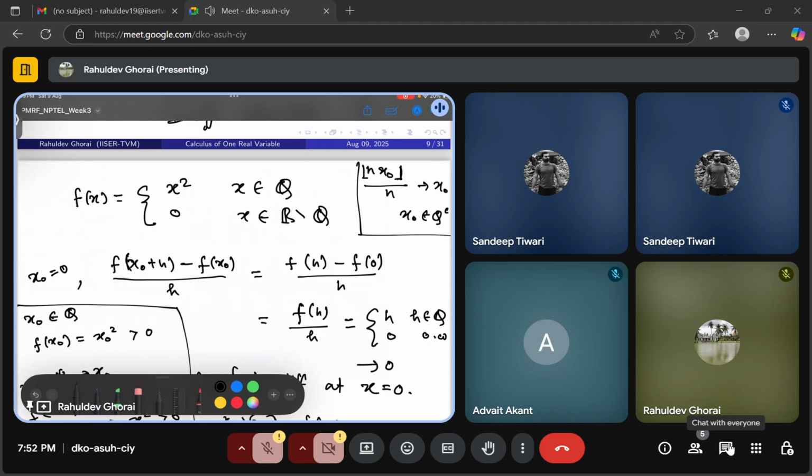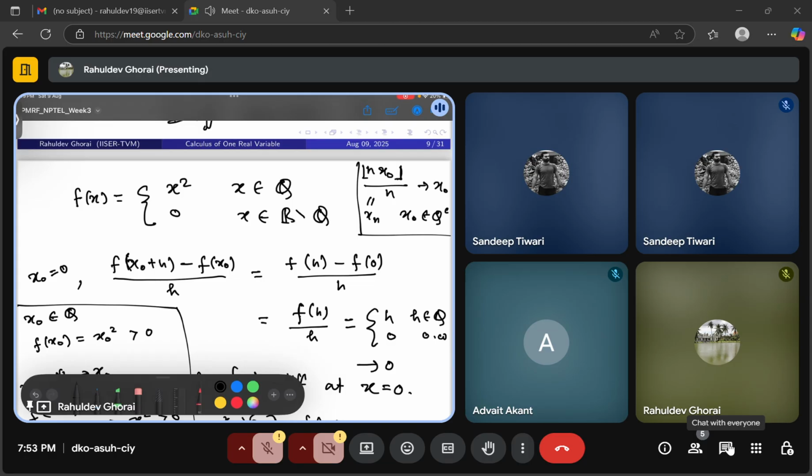Denote this sequence by xn. At this sequence, the function f of xn will be x square.